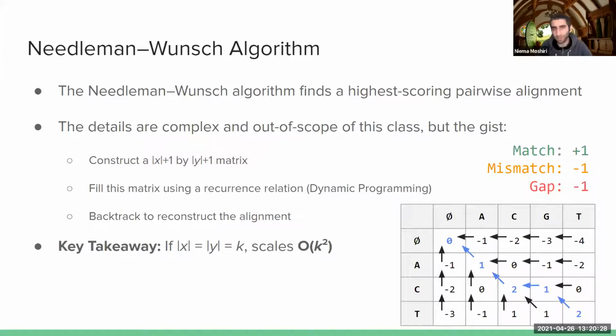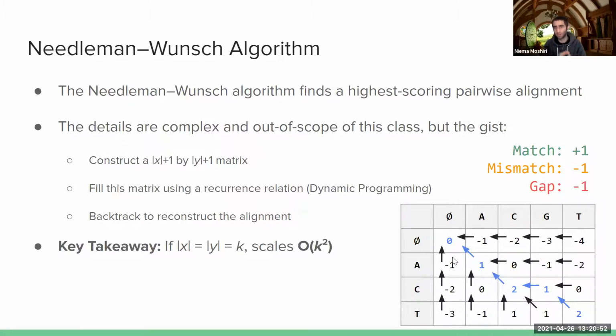But the key takeaway of this, so I intentionally want to abstract away a lot of the details, but the key takeaway is that if we have some length k, so both of my sequences are roughly length k, this algorithm scales quadratically with the length k. So you can imagine if I have k equals 100, I have to fill out a matrix that's roughly on the order of 100 squared.